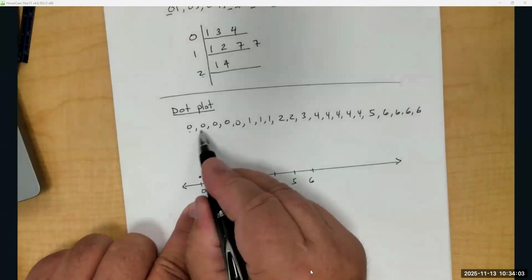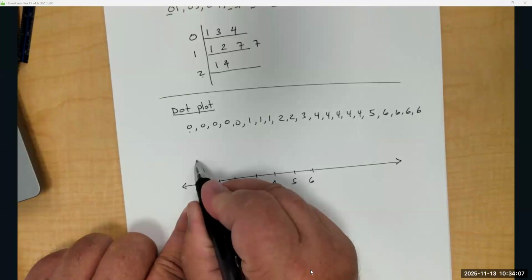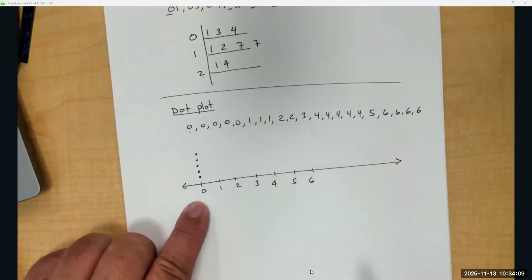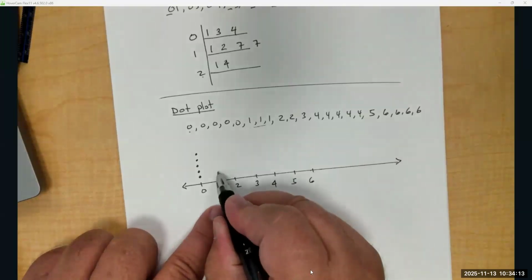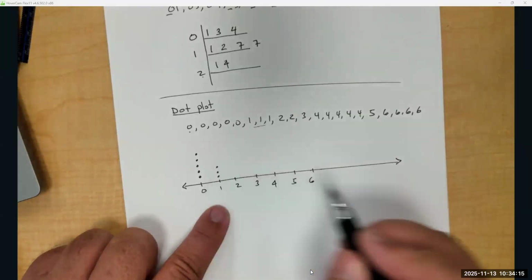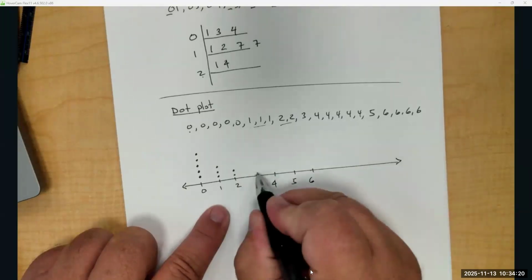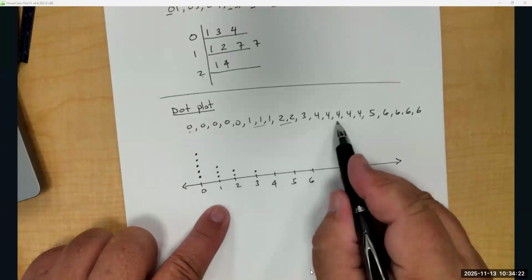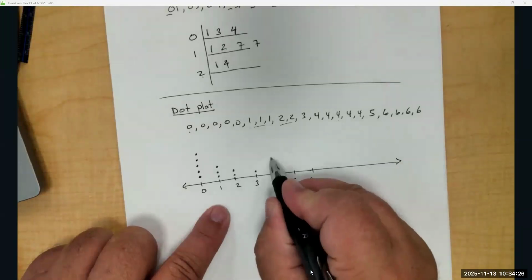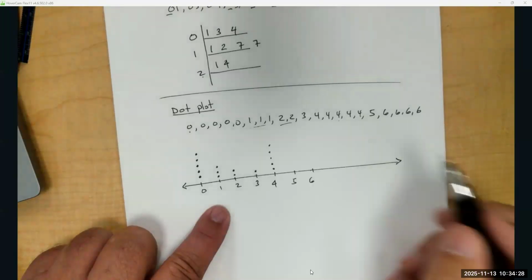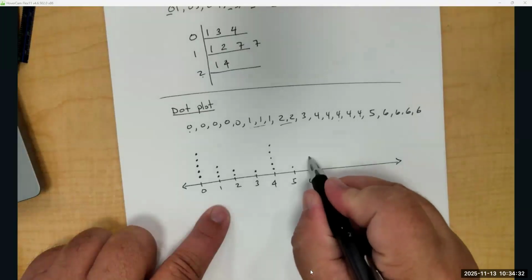So we have 1, 2, 3, 4, 5 zeros, so it's 5 dots. We have 3 ones, 2 twos, 1 three, 5 fours, 1 five, and 4 sixes.